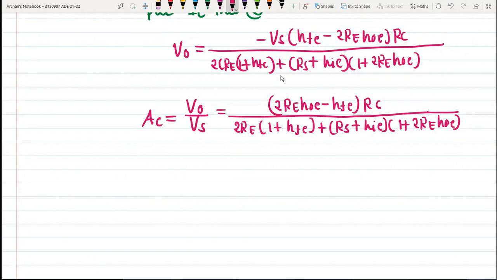Okay. Now, in the second semester, you have seen that whenever we talk about the HOE, in practice, this HOE is the parameter which is generally neglected. Okay.